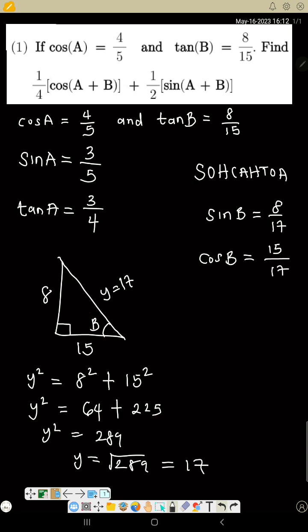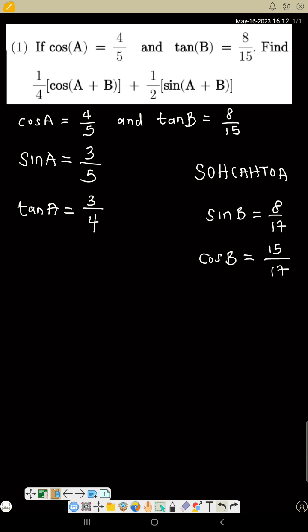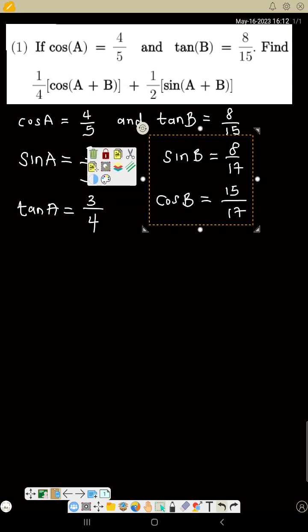You need to write all these triangles in your solution. That is how we know all these values. So we have known sine B and cos B also.